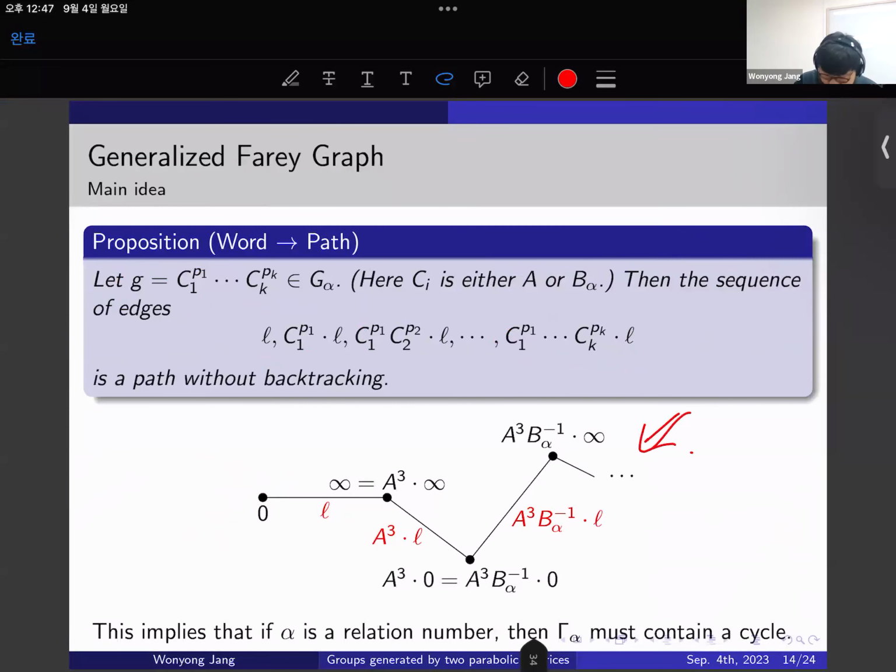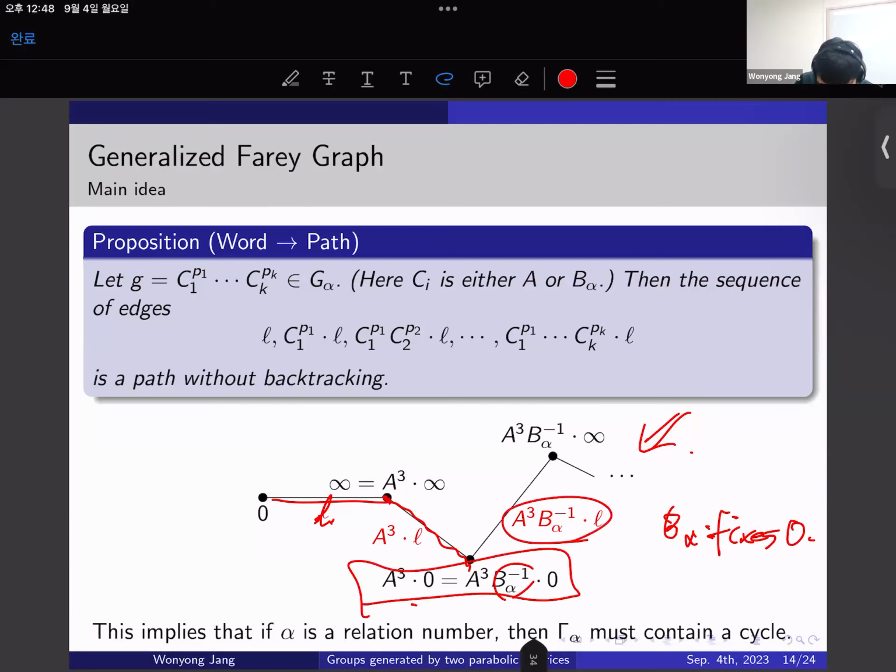This picture explains the proposition. Suppose this is L, and since A fixes infinity, A to the power of R applied to L is this, and same with infinity. And also now consider B alpha inverse, then note that B alpha fixes 0, so it holds. So this geodesic and this geodesic meet at this point.